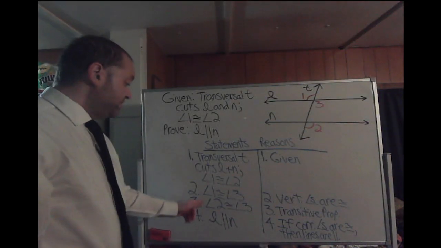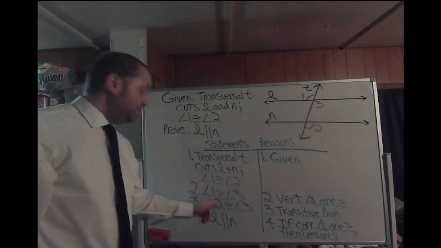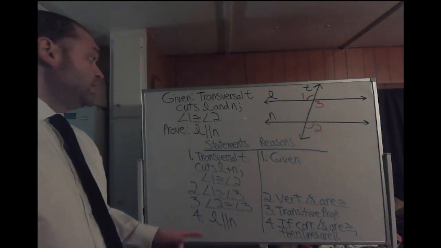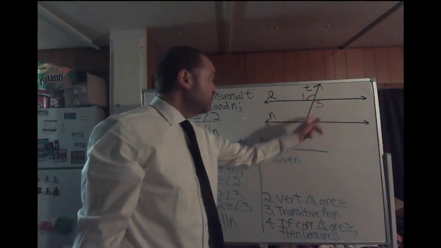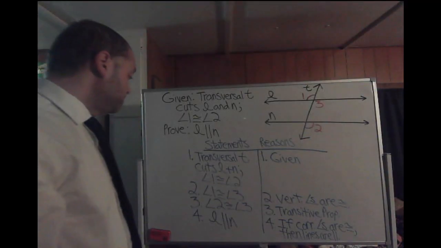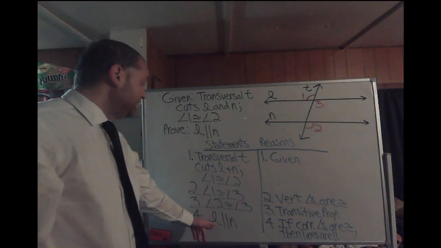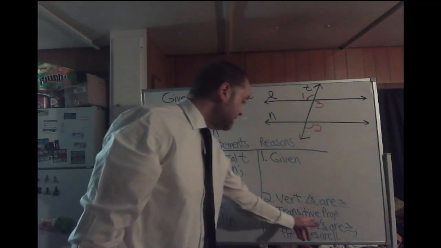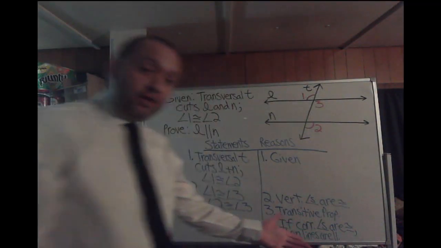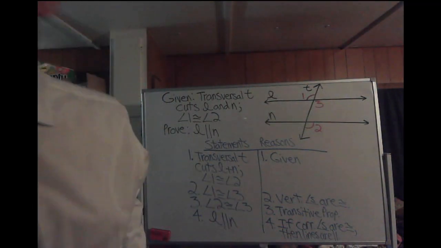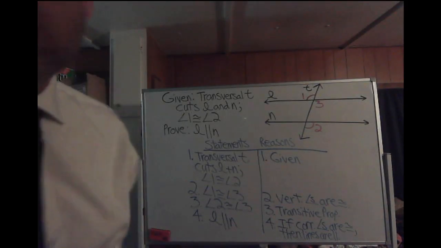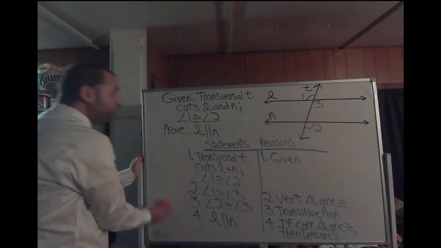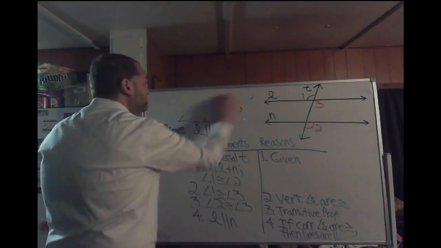Which means the third step is we can say angle 2 is congruent to angle 3 by the transitive property. And then we know that angles 2 and 3 are corresponding angles, which means that we can deduce that lines L and N are parallel to each other, that if corresponding angles are congruent, then the lines are parallel. So that's how we're going to prove that L is parallel to N. Pretty basic proof, right?